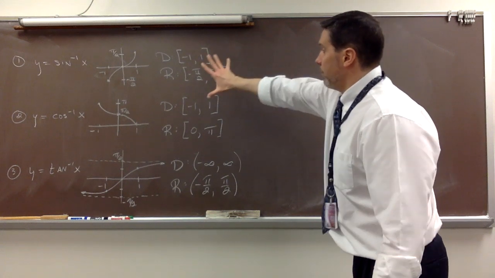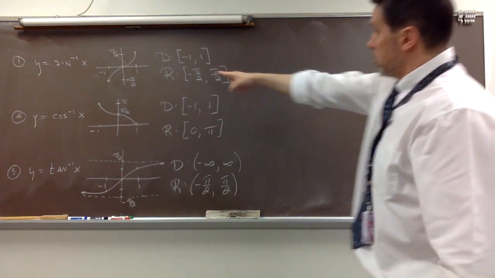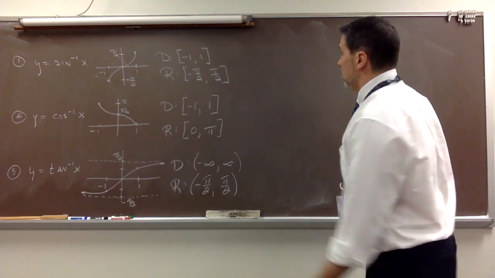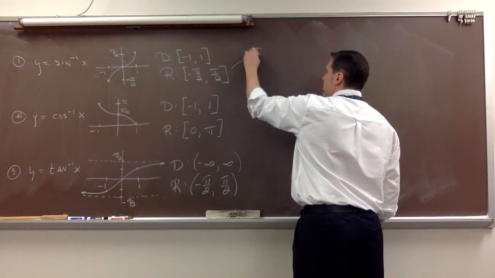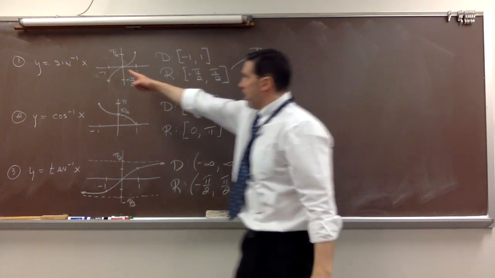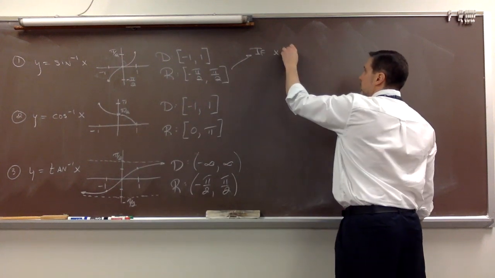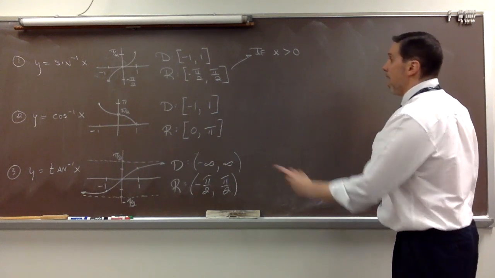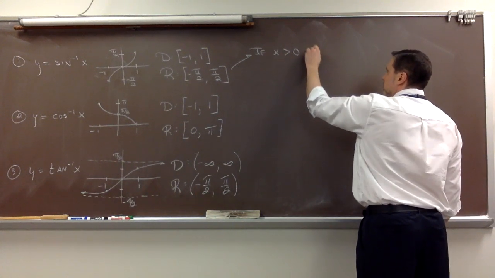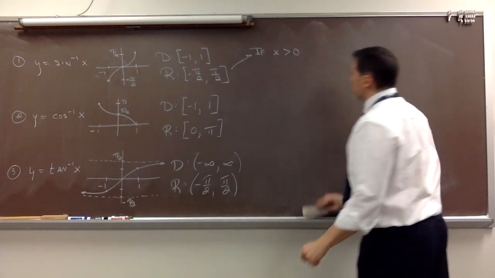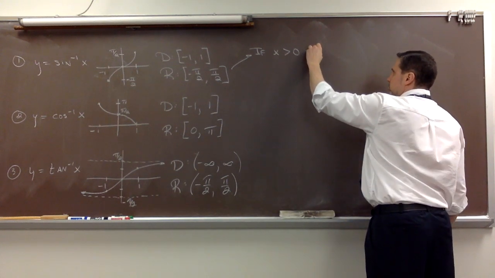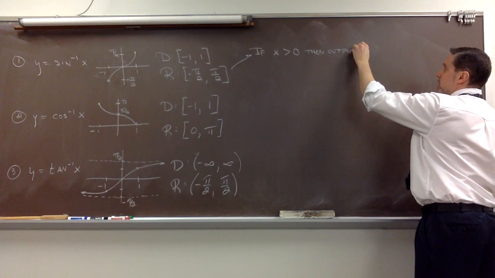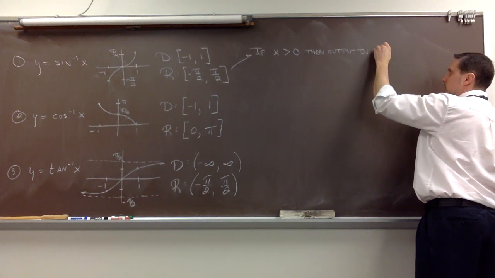So let's kind of extend this thing out. So this is the graph of sine inverse. This is your domain and range. What this means is if the x value, your input, is positive, that means your answer or your output has to be, let's put it this way, if x is greater than 0, then output will be in Q1.